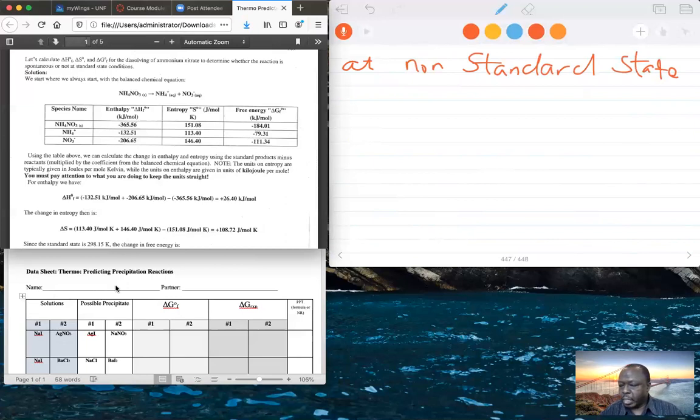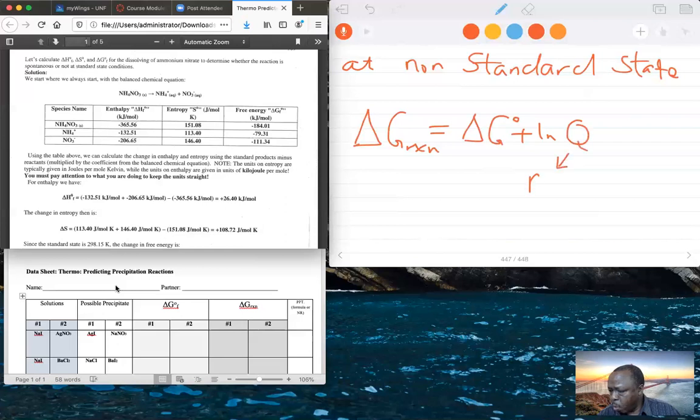At non-standard state, we talk about delta G Rx, that means free Gibbs energy of reaction at non-standard state, which is given by change in free Gibbs energy at standard state, plus RT ln Q, and this Q here is the reaction quotient.